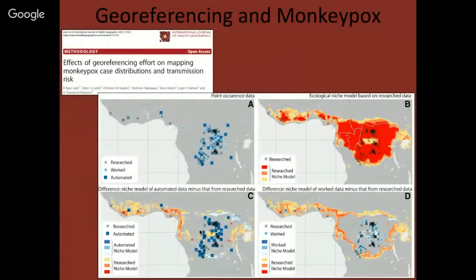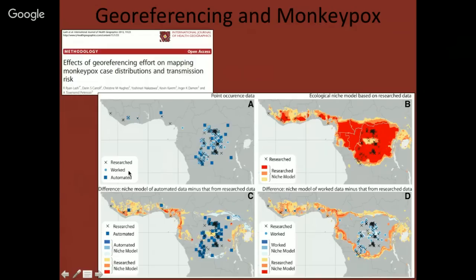Back to niche modeling, here's an illustration of the effects of georeferencing effort. For this study, we produced 3 different data sets. One that was basically automated georeferencing, one that was what we can call worked.